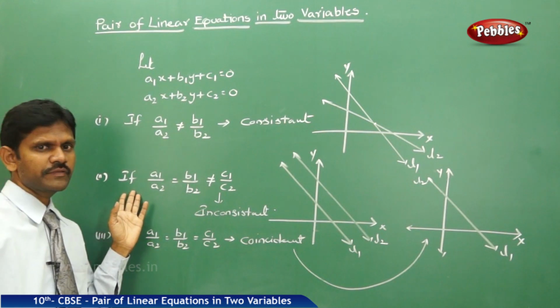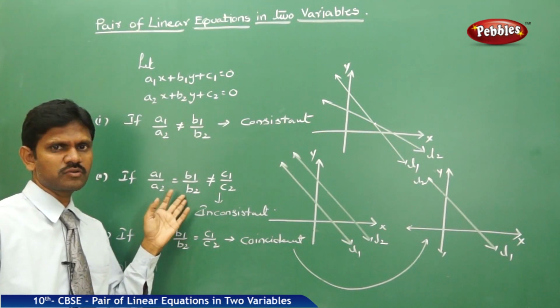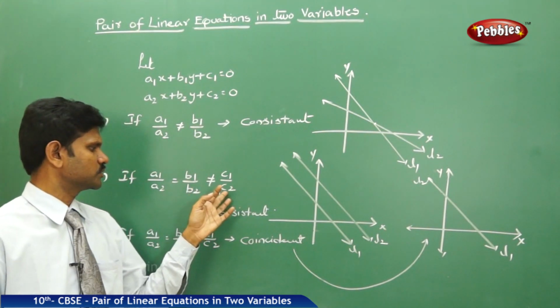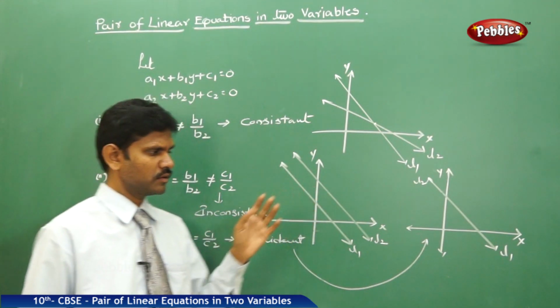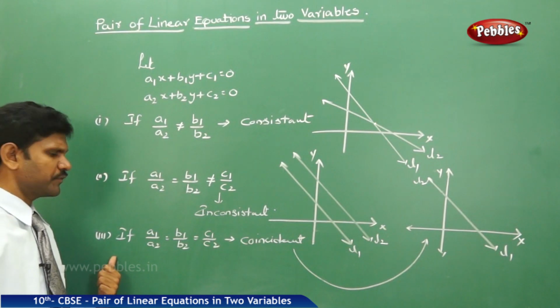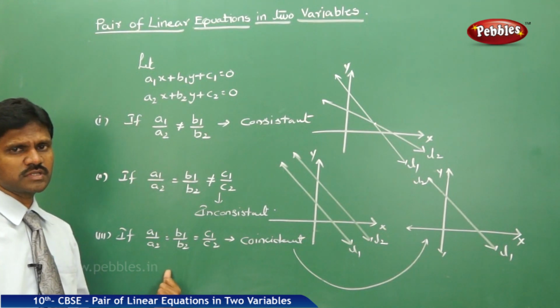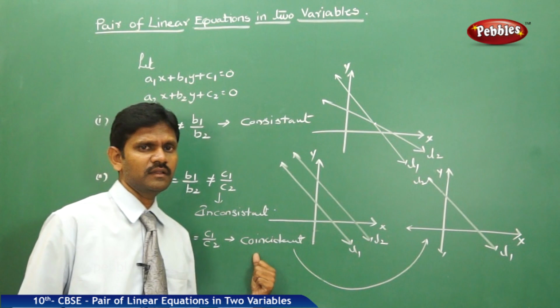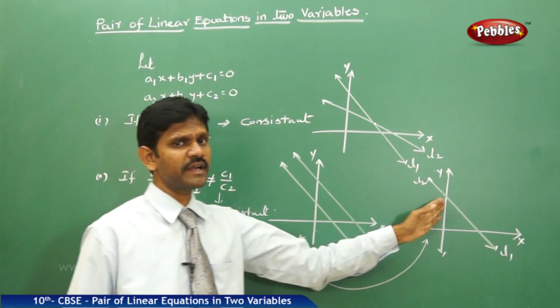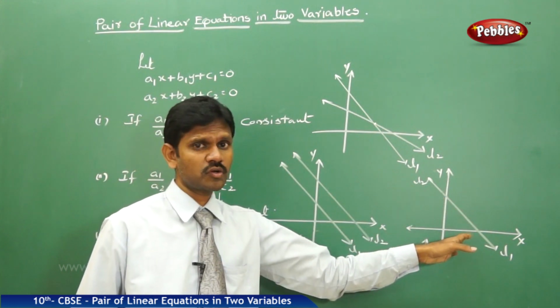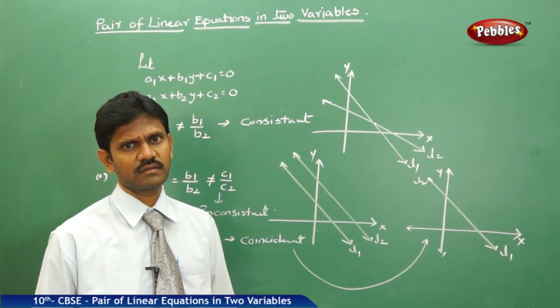Condition 2, if a1 by a2 is equal to b1 by b2 is not equal to c1 by c2, then the lines are inconsistent and parallel to each other. And condition 3, if a1 by a2 is equal to b1 by b2 is equal to c1 by c2, then they coincide with each other. For this one also you have infinitely many solutions. Therefore, it is also called consistent lines.